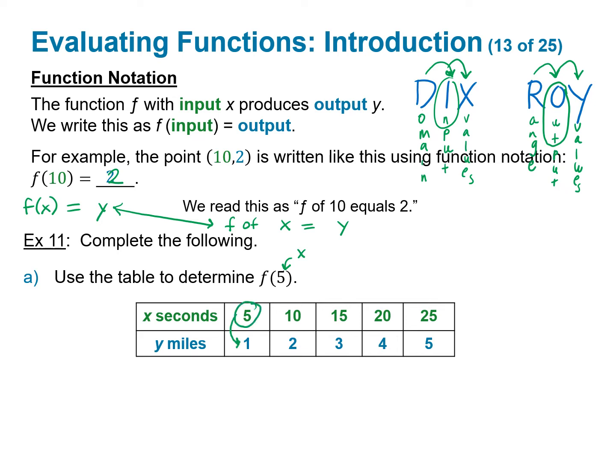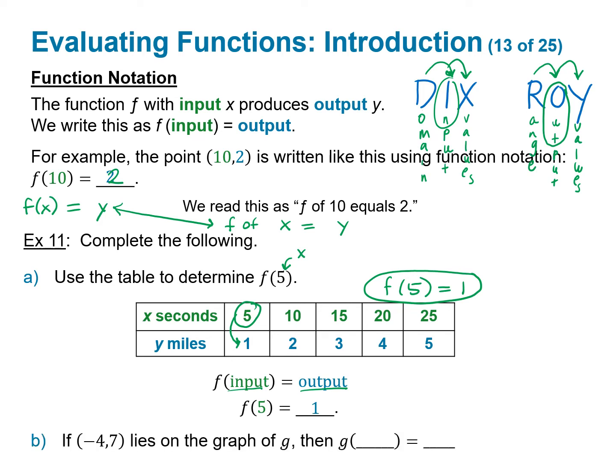The y value, 1. f of 5 equals 1. f of input equals output, therefore f of 5 equals 1.